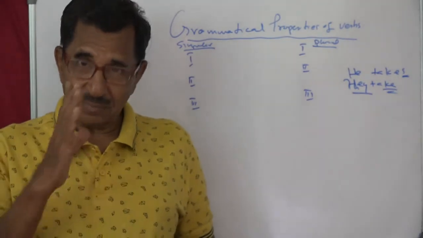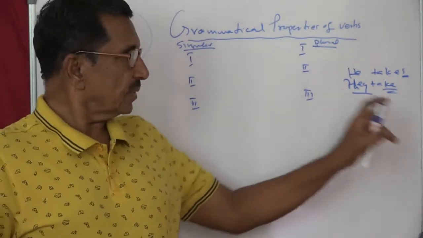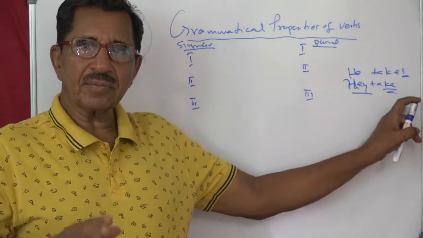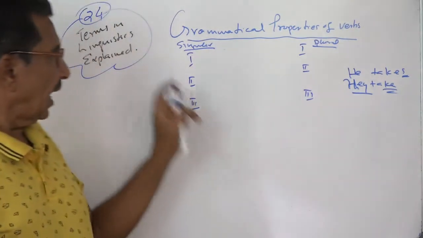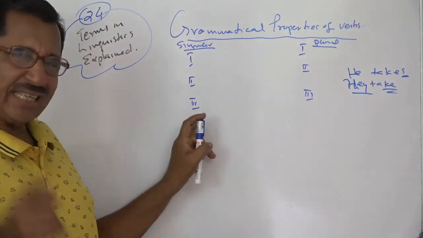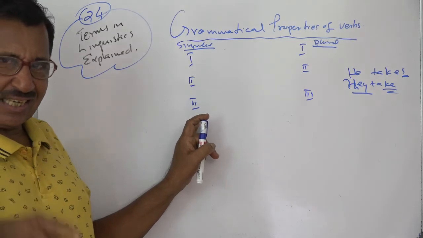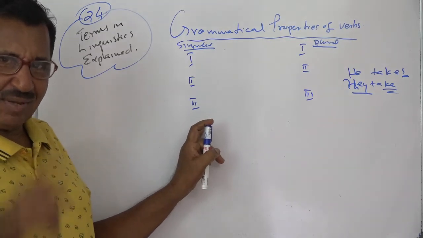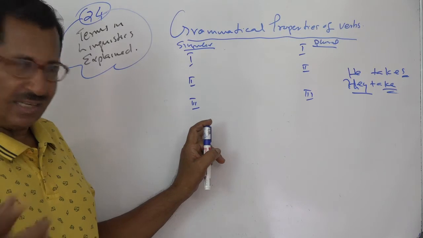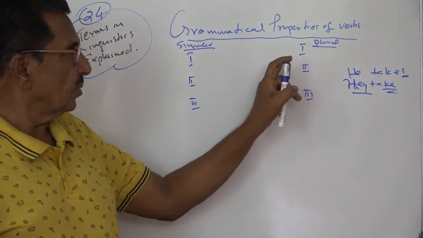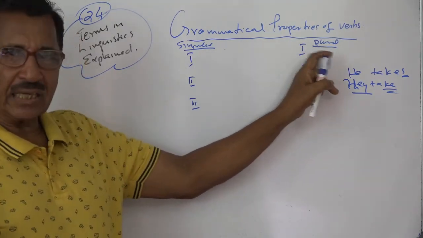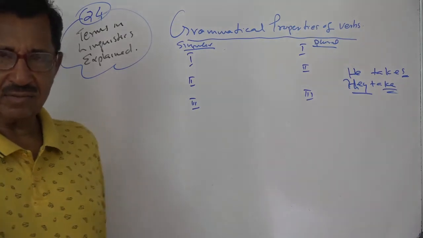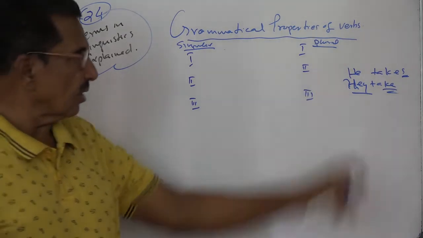Number: singular verbs end in S, plural verbs have no S. For example, I take, you take, he takes, she takes, it takes, boy takes, girl takes, man takes, monkey takes, like that. But when you come to plural, we take, you take, they take. So that is singular and plural.